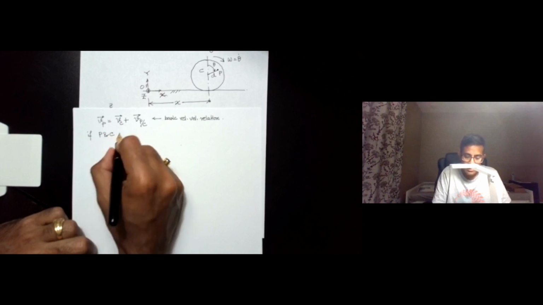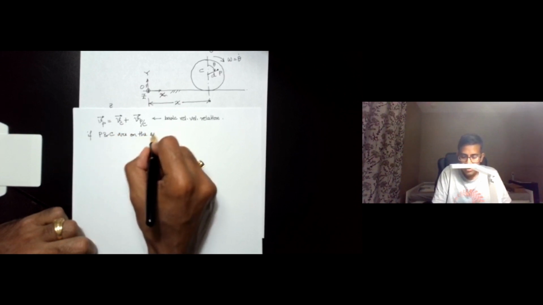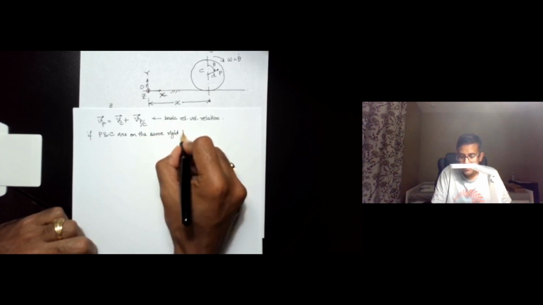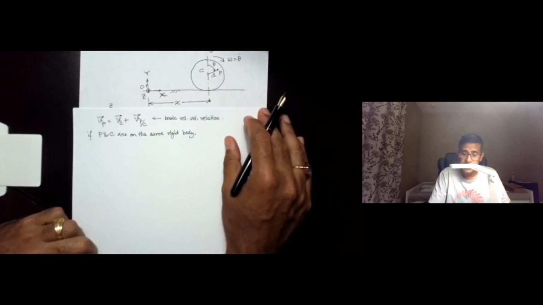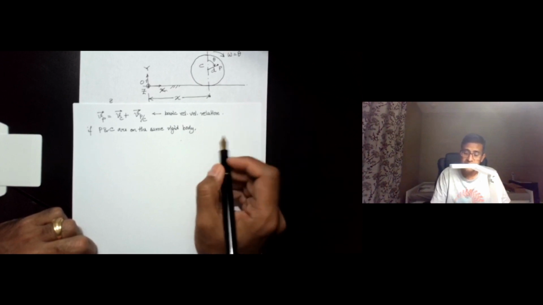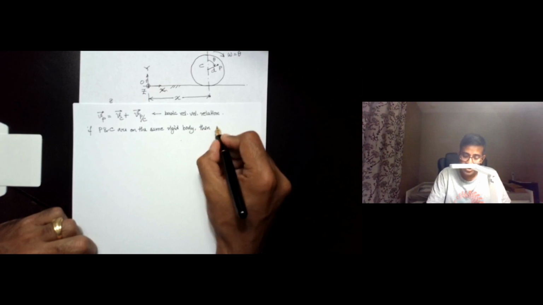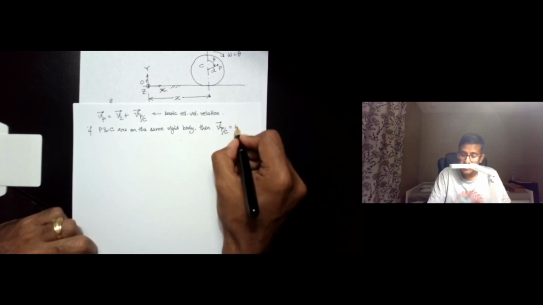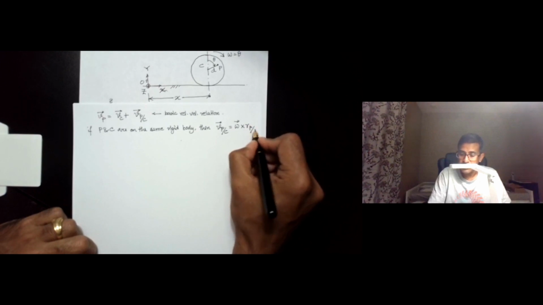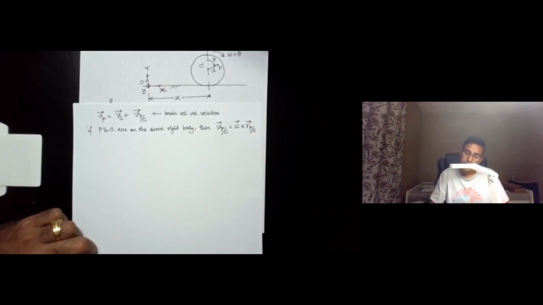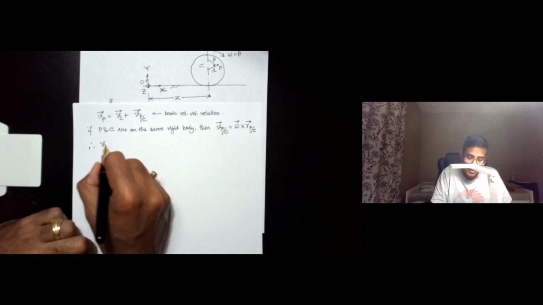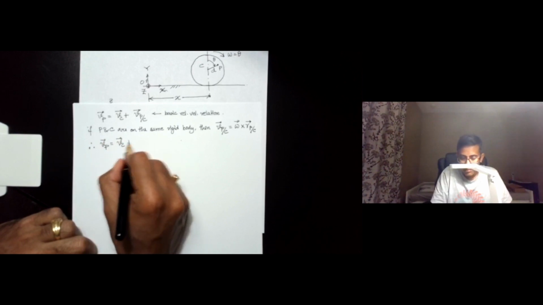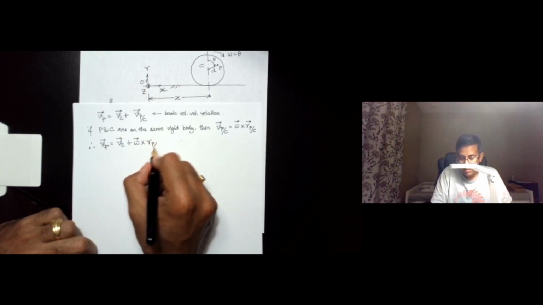Now, if P and C are on the same rigid body, as is the case in this problem, then we have additionally V_p with respect to C is omega cross r_p with respect to C. And so now we can say that therefore V_p is equal to V_c plus omega cross r_p with respect to C.